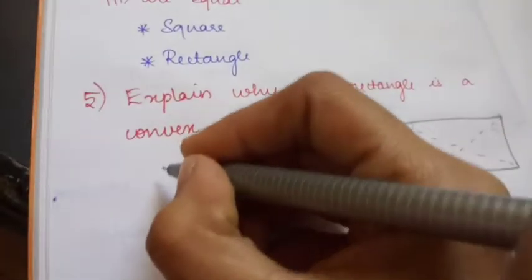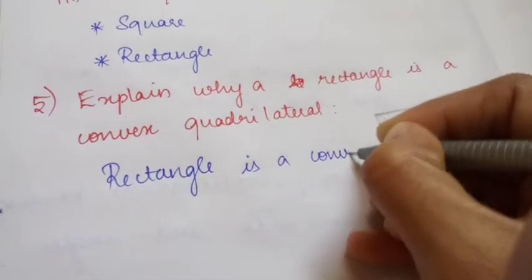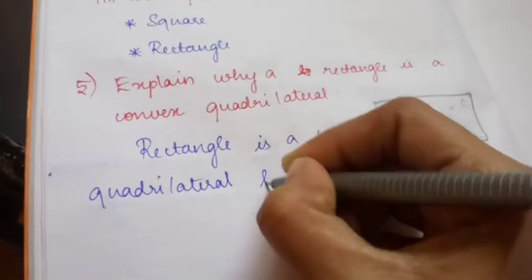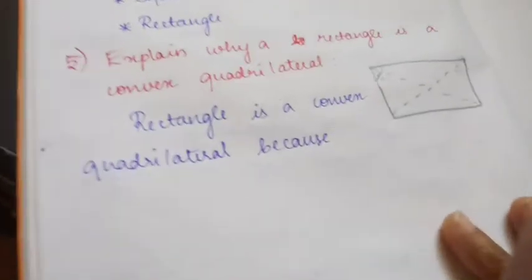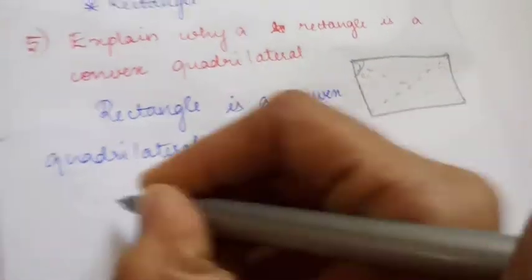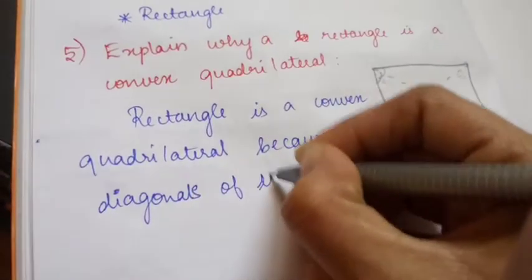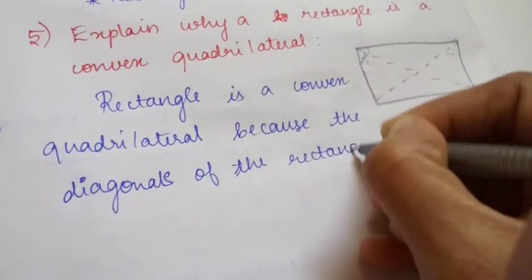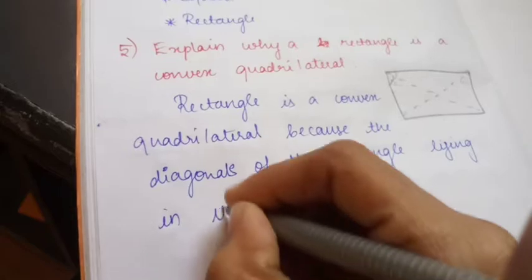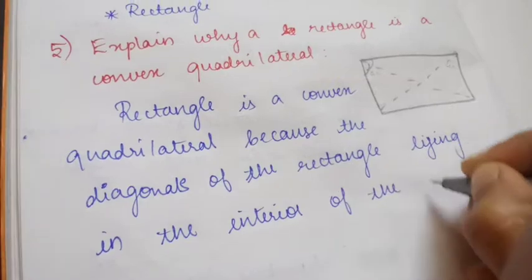So listen, a rectangle is a convex quadrilateral because, why are we saying it is a convex quadrilateral? Because the diagonals of the rectangle are lying in the interior of the quadrilateral.